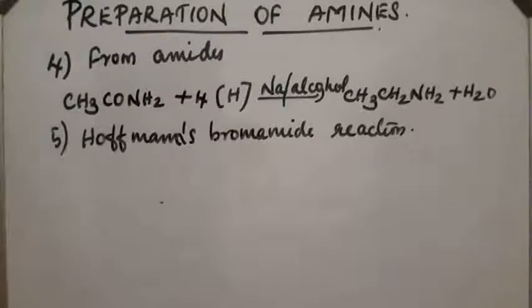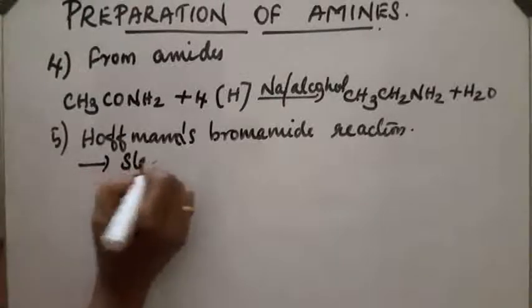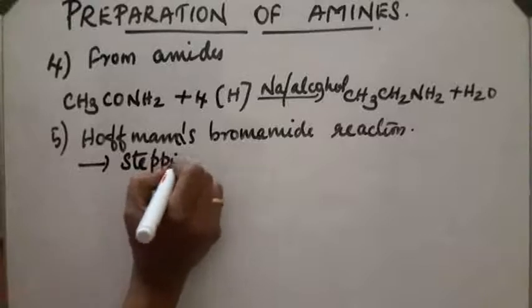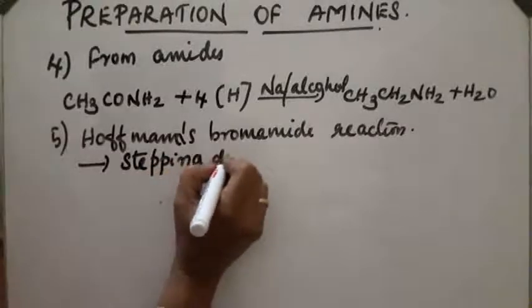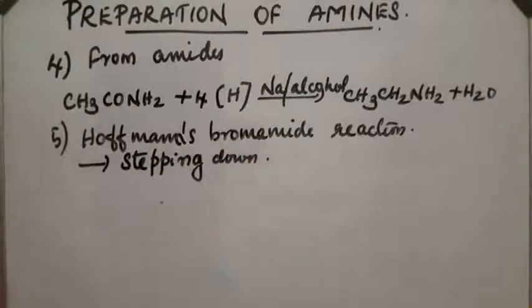A primary amine with one carbon less than the amide will be obtained. So this reaction is a stepping down of the series, that is, one carbon less than the amide will be obtained. In this case, the alkyl or aryl group gets migrated to the nitrogen atom.